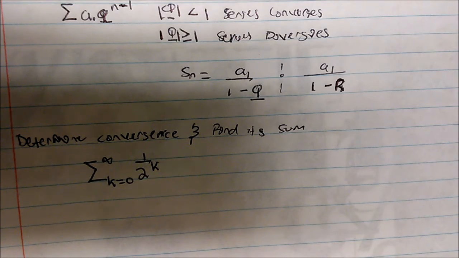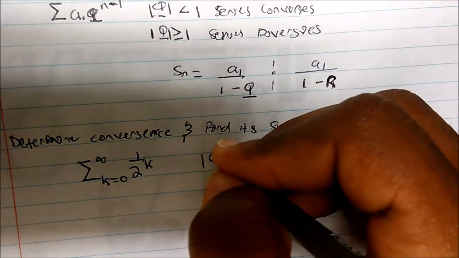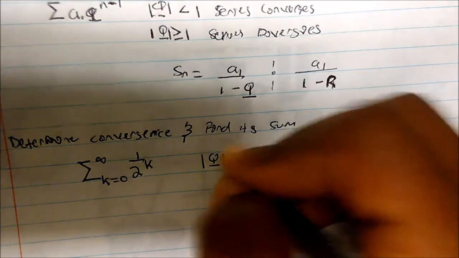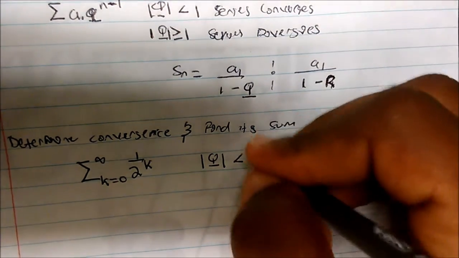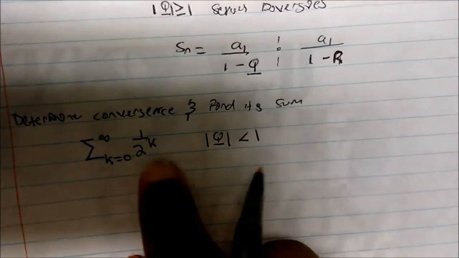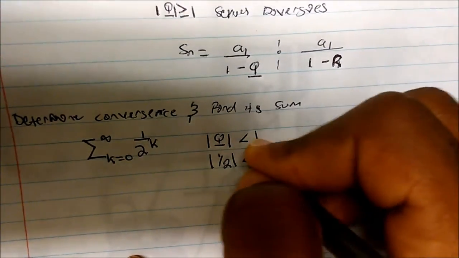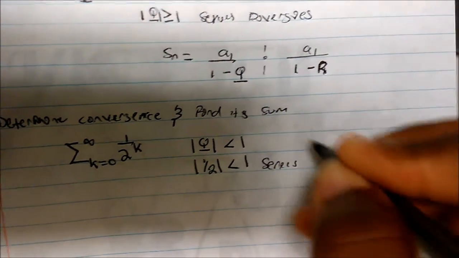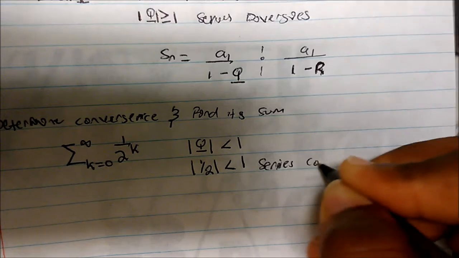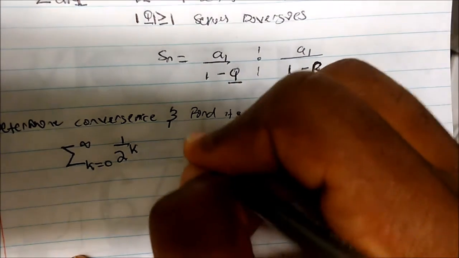Does this series converge or diverge? The absolute value of q must be less than 1. My q happens to be 1/2, and the absolute value of 1/2 is less than 1. So we conclude that the series converges.